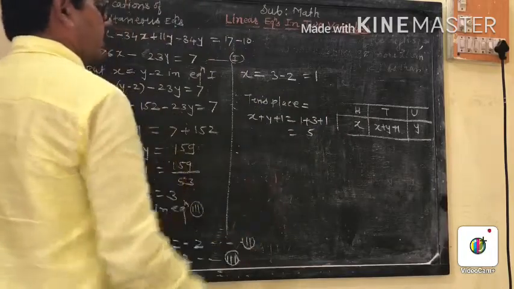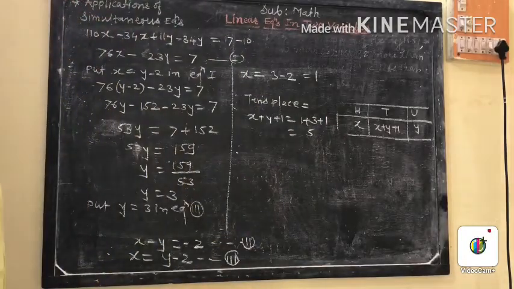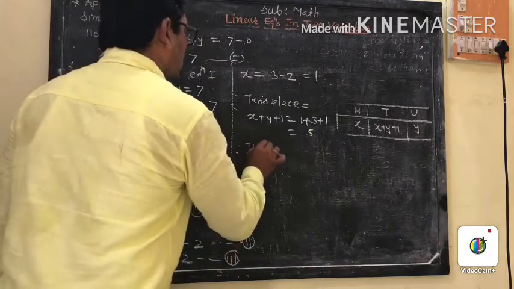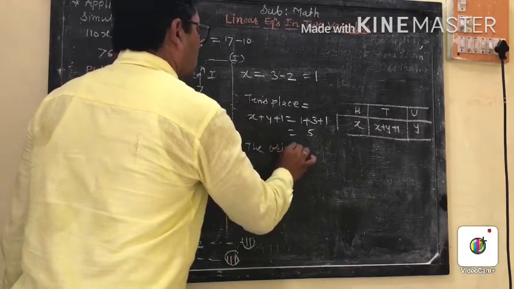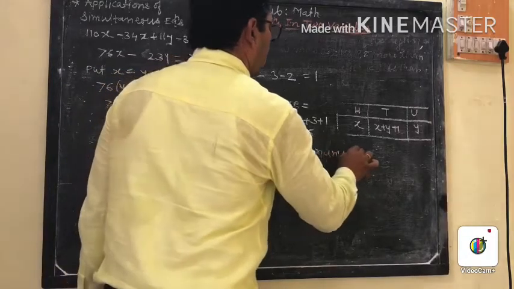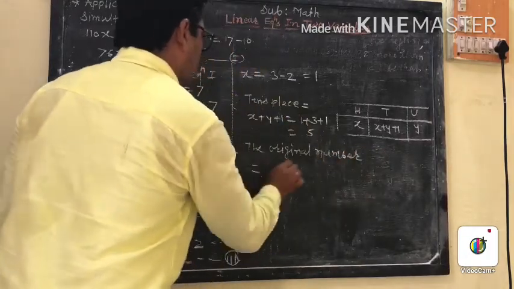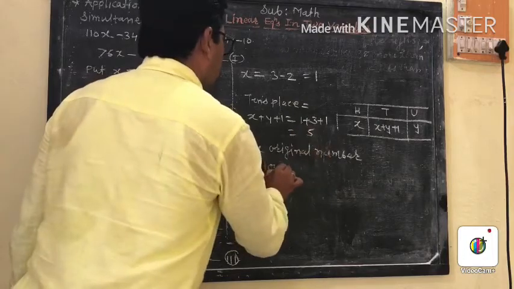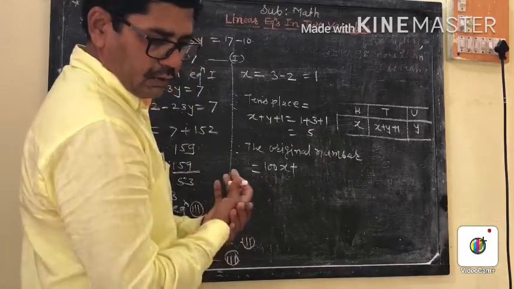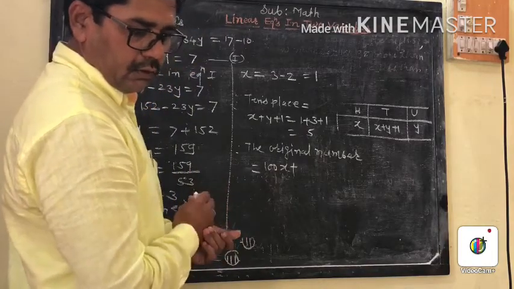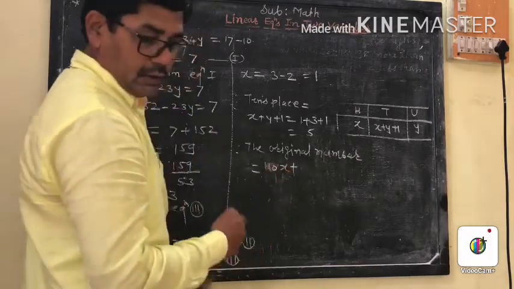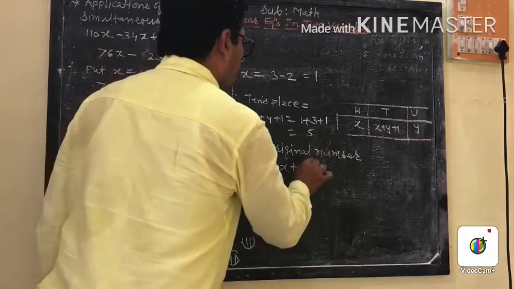Therefore, the original number is equal to 110x plus 11y plus 10.